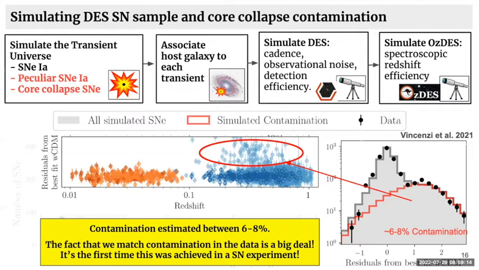Using our simulations, we predicted this contamination to be between 6 to 8% of the sample before we apply some light quality cuts.